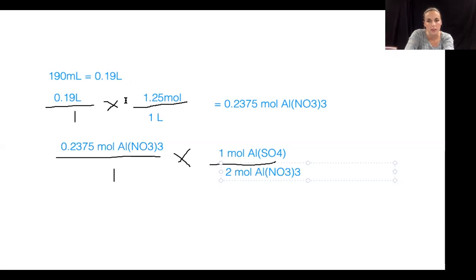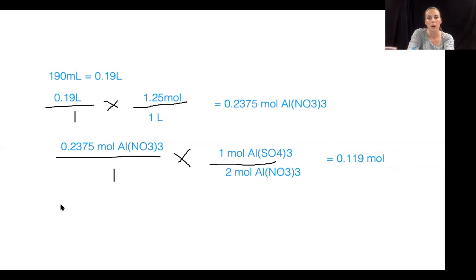Let's see. SO4 3. Okay. Close enough. All right. So then in your calculator, you are going to do 0.2375 divided by 2. And that's going to give you 0.119, I'm just going to round, and that's moles of aluminum sulfate.